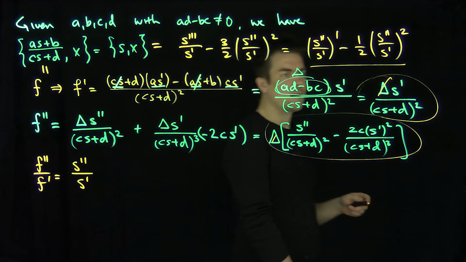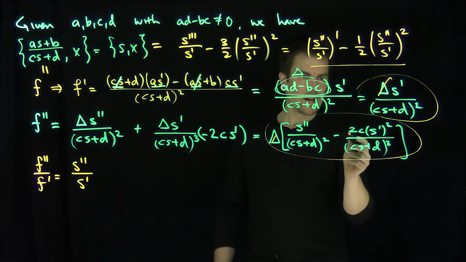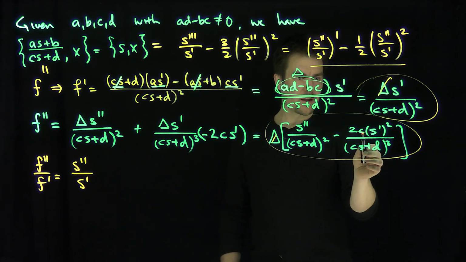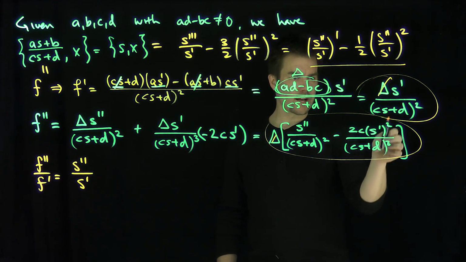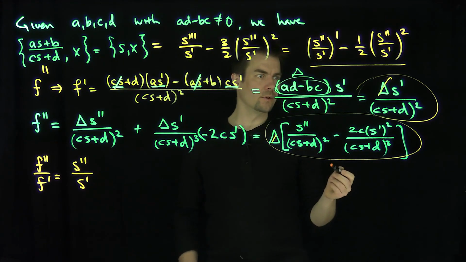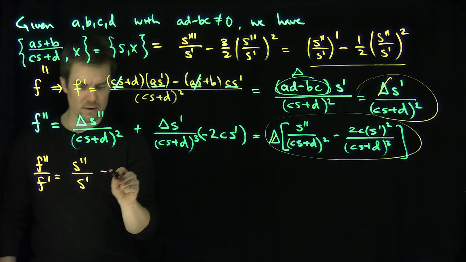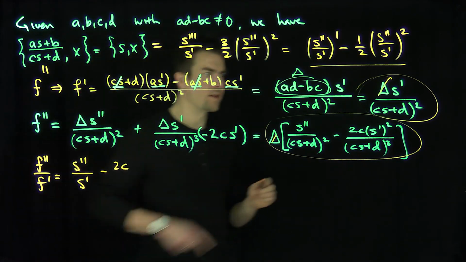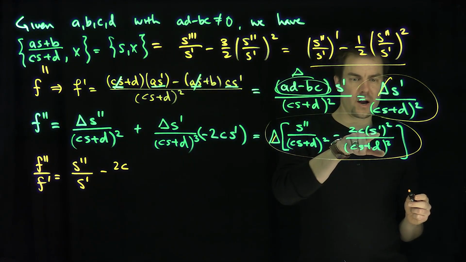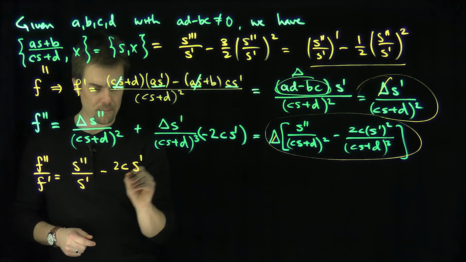Beautiful. And then the second term, what will cancel out? I'm going to have a negative 2c that stays on top. The s prime squared over s prime is going to give me one s prime, so that's going to be an s prime.